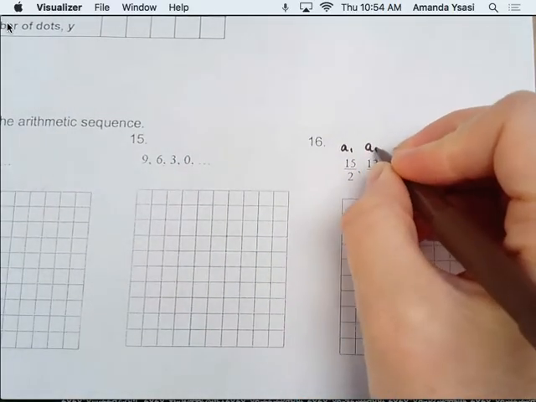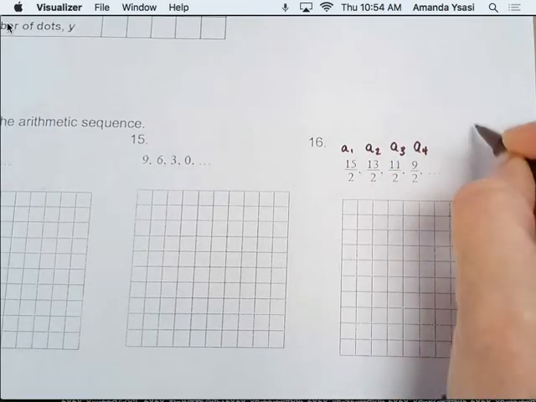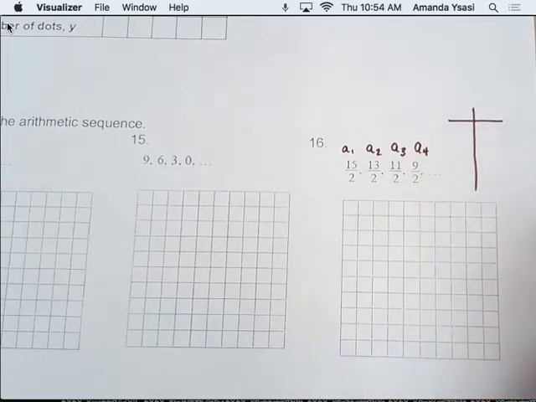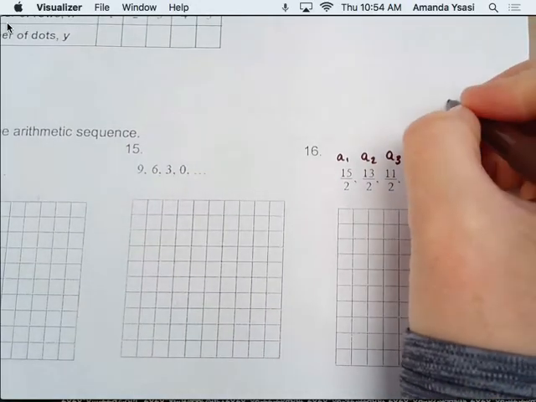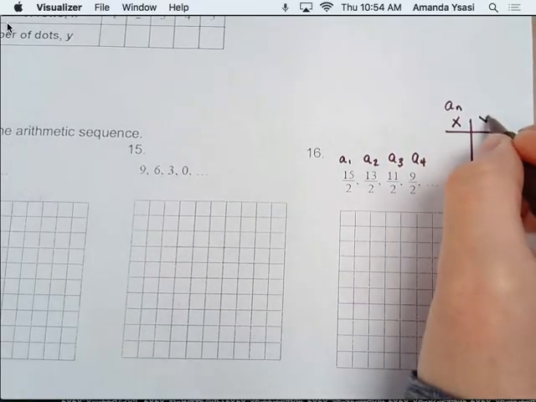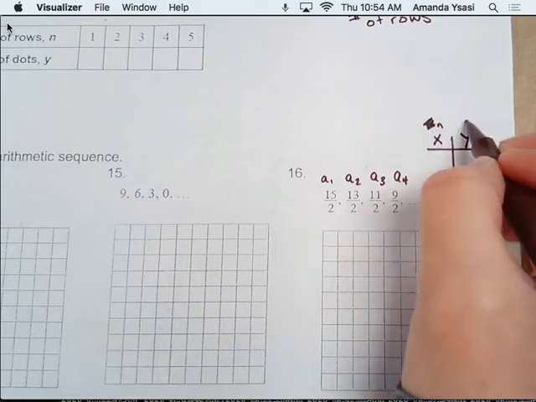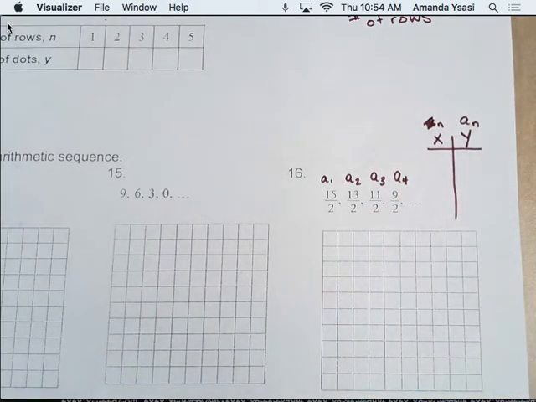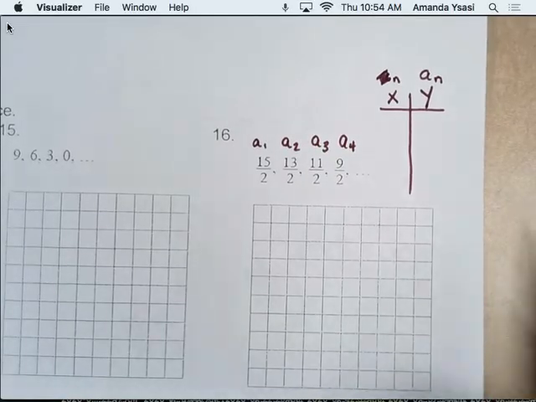This is my second term, third term, fourth term. So I could rewrite this as a table of values. X is our number of terms, or AN. And then Y is what it actually is. This should actually say just N, and this is AN. N is your number of terms.